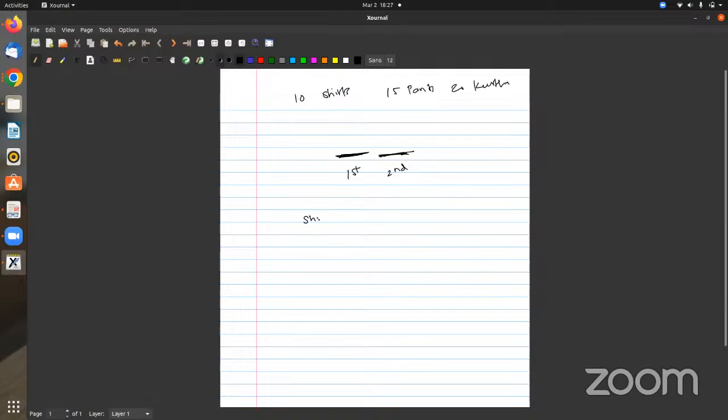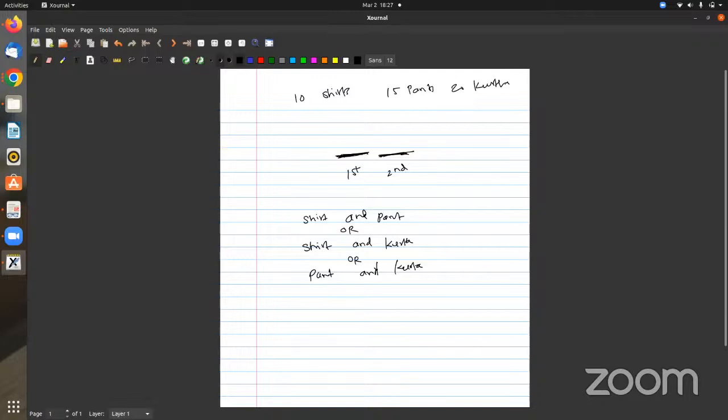Either a shirt and a pant, a shirt and a kurta, or a pant and a kurta. The order does not matter here, because he can choose a shirt first and pant later, or pant first and shirt later. It's the same. So that means it's an or: shirt and pant, or shirt and kurta, or pant and kurta. These are the three choices he can make, right?